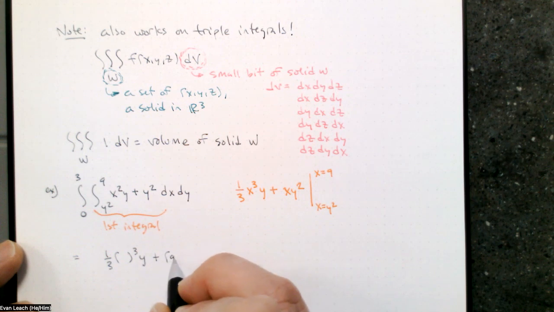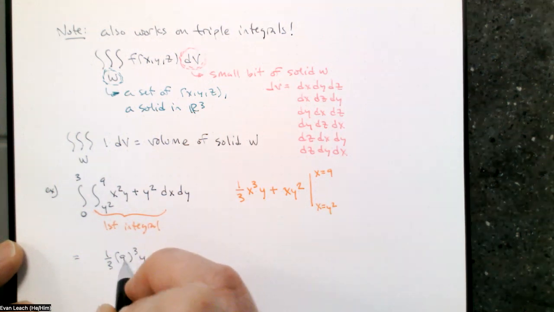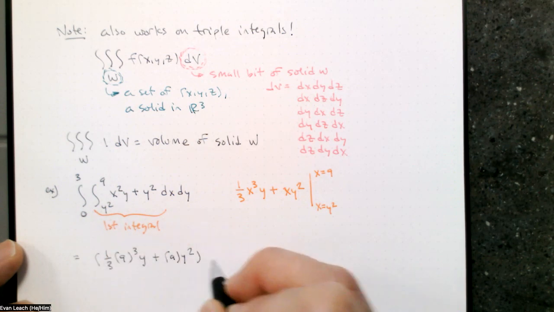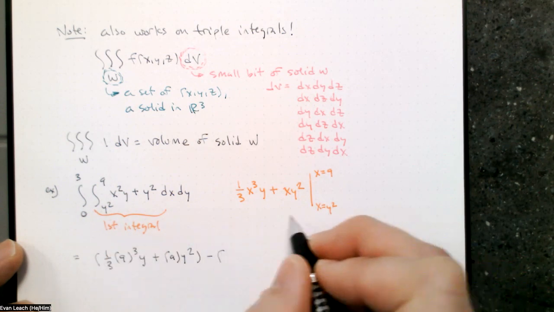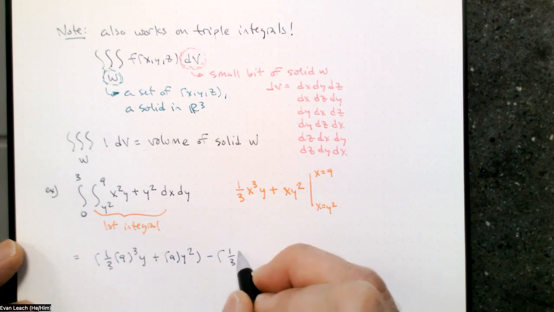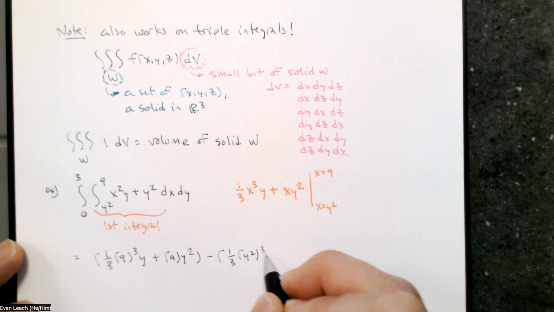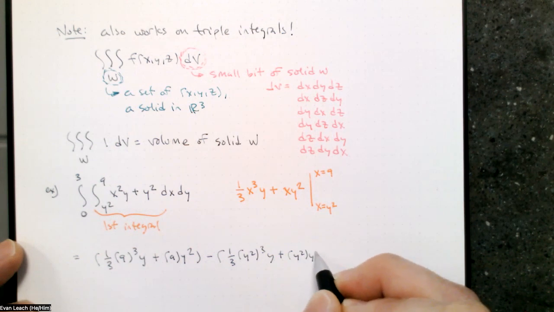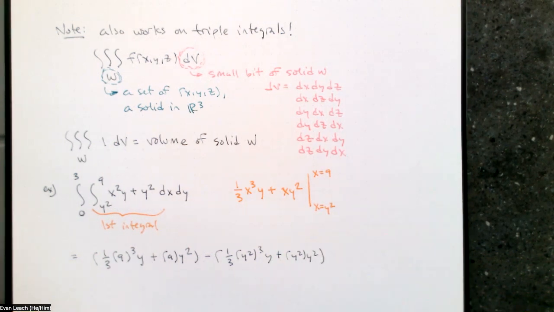So x is 9 times the y squared. That's plugging in the 9, and then we have to plug in y squared. This was just the x integral. We still have the y integral.